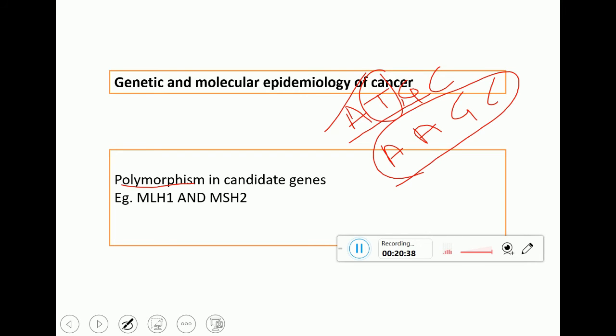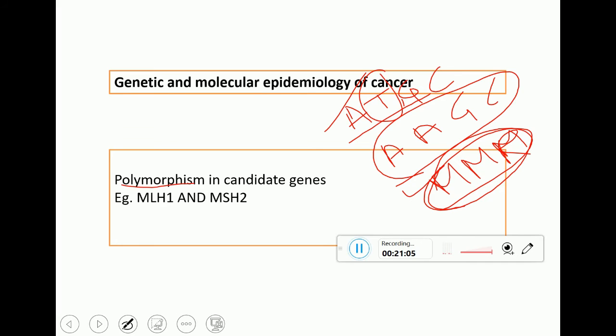The best common example to study polymorphism is MMR. MMR is the mismatch repair mechanism which is put in the human body to check if there is a mutation in a particular gene, then these pathways play a role to correct those mutations and normal life goes on.